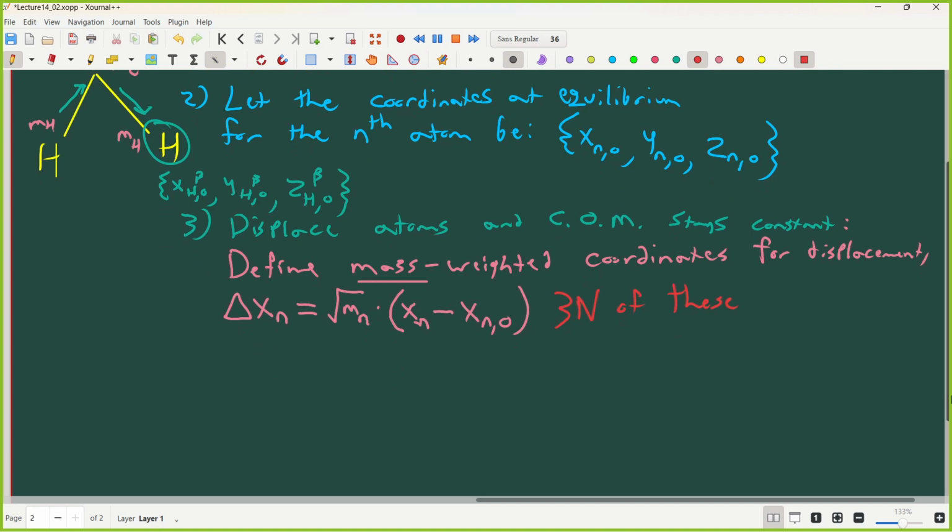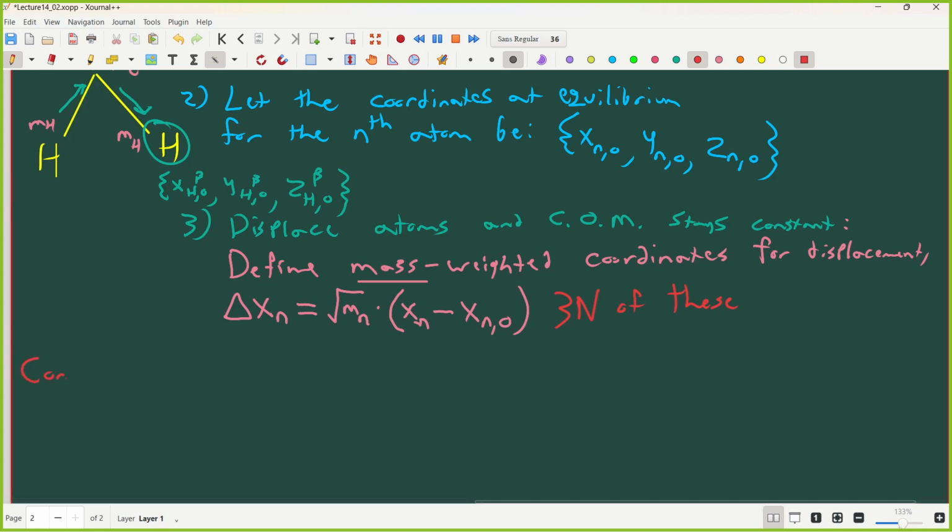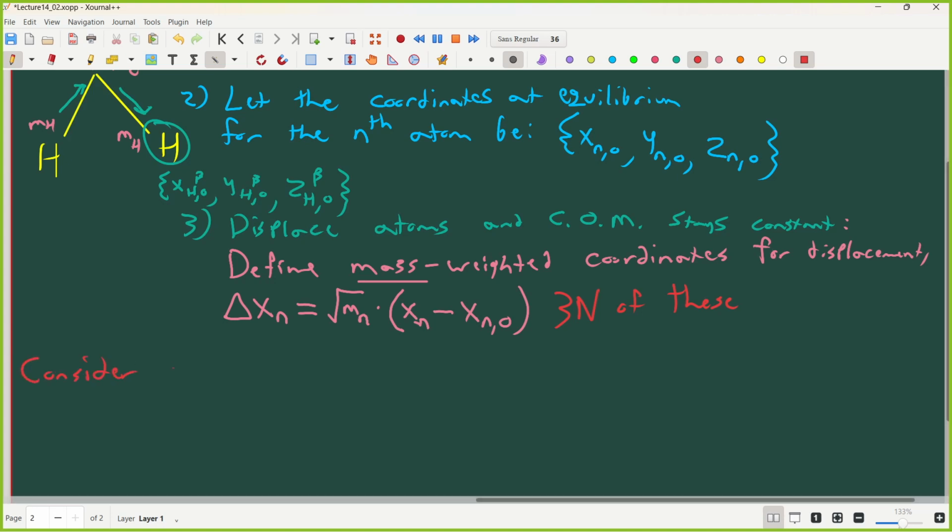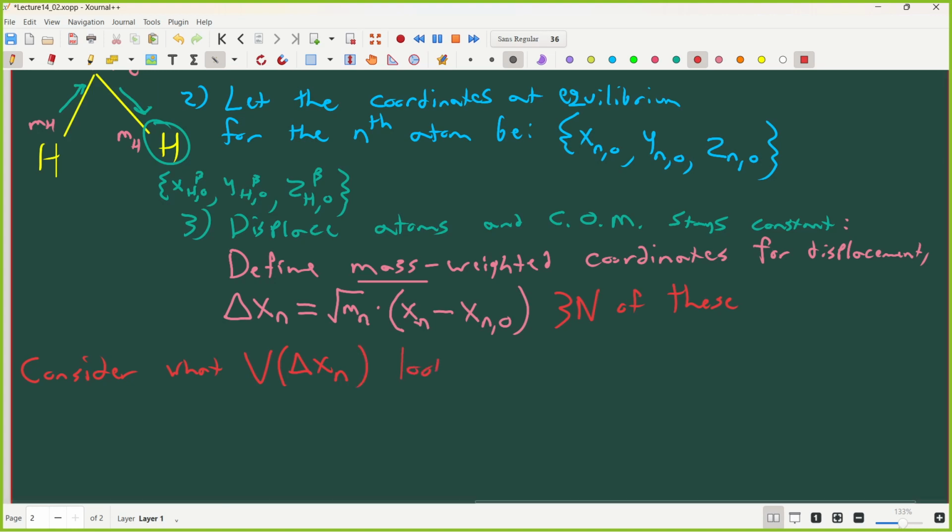All right, so let's remind ourselves really quickly how we did this for a diatomic. Now what we're going to do is consider what V of delta x n looks like.